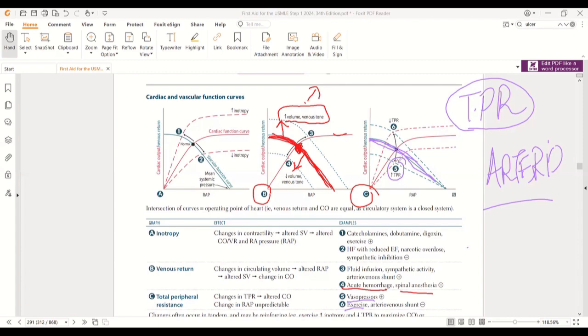If TPR is increased, cardiac output will decrease, right? Yes. Same thing in exercise. Can you explain the mechanism of action? How do these vasopressors work? How will they decrease the TPR?